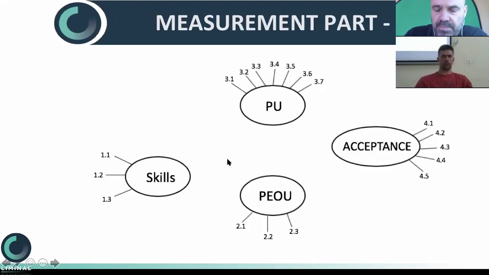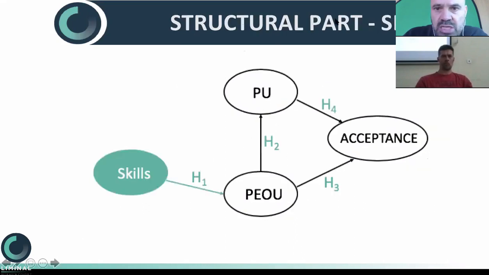This here is acceptance, perceived ease of use, perceived usefulness, and skills. This is a deviation from the technology acceptance model. These people want to see if skills, ease of use, and usefulness influence acceptance. This measurement part is just this part, to see if this is all measuring correctly. So this must be valid. And then you get your structural part, which is the hypotheses or the relationships that you want to test.